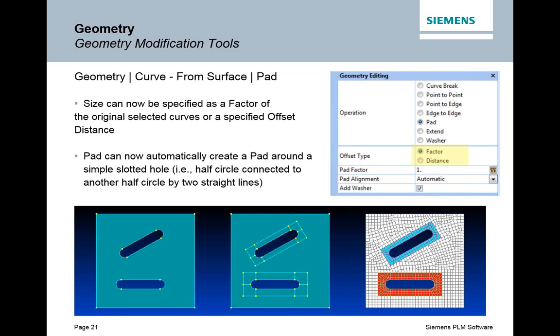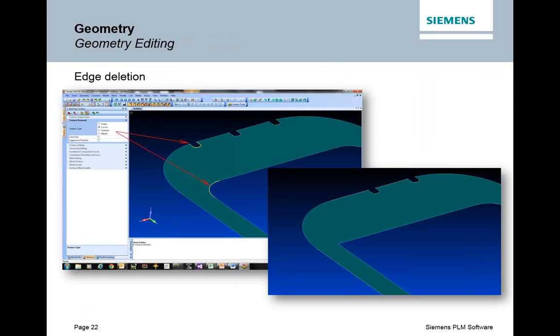That tends to depend on personal preference, but that option now exists, and you can see that they've added the ability to create a pad around a simple slotted hole as well. So there are some example shots down there. So lots of new welcome features when it comes to geometry modification.